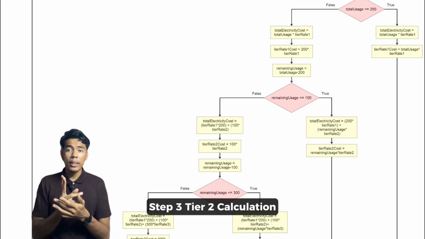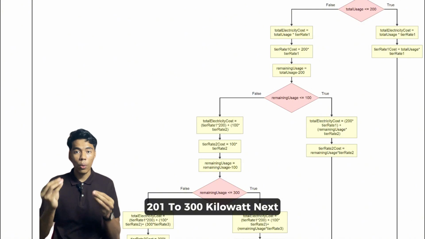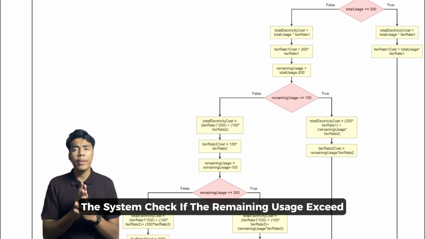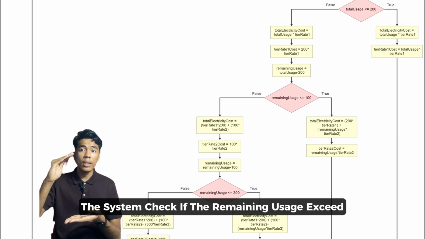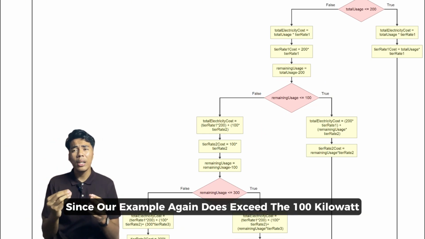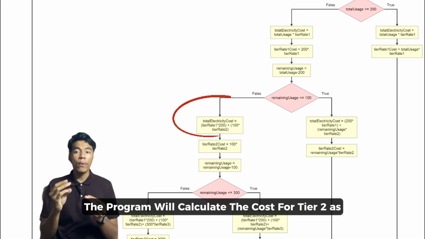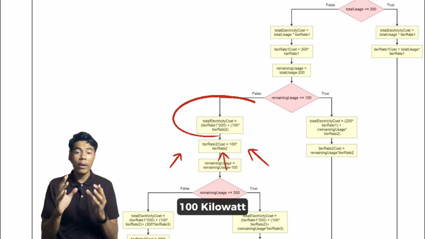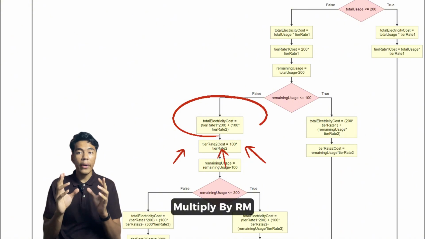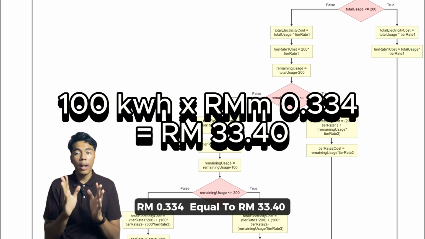Step 3, tier 2 calculation, 201 to 300 kilowatt. Next, the system checks if the remaining usage exceeds 100 kilowatt or not. Since our example again does exceed the 100 kilowatt, the program will calculate the cost for tier 2 as 100 kilowatt multiplied by RM 0.334 equal to RM 33.40.